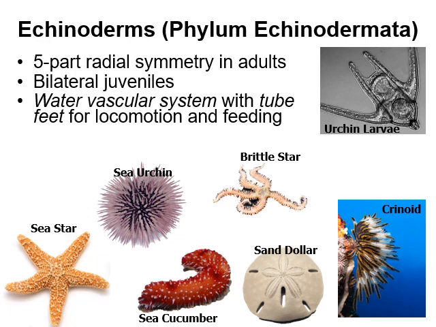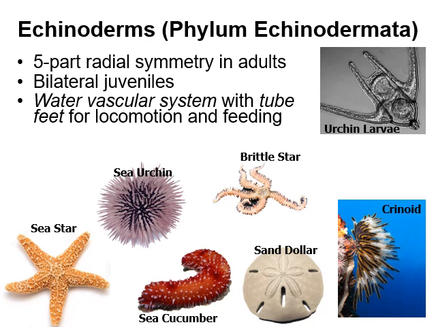Another thing that makes echinoderms unique amongst the other animals is that they have something known as a water vascular system that uses these things called tube feet for getting around. How this system works is that there's a series of tubes of water that go throughout their bodies.